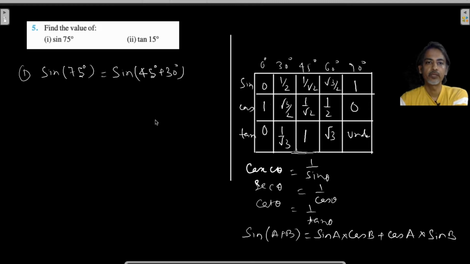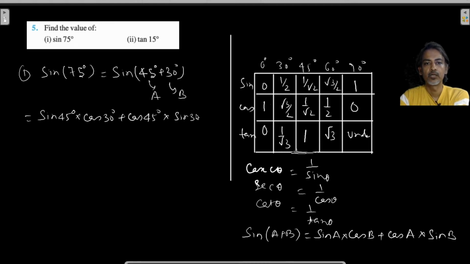So if here this 45 degree becomes a and 30 degree becomes b, then this expression will become sine 45 degree into cos 30 degree plus cos 45 degree into sine 30 degree. You can look at this formula.